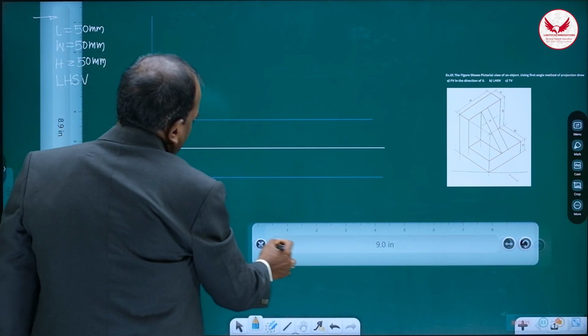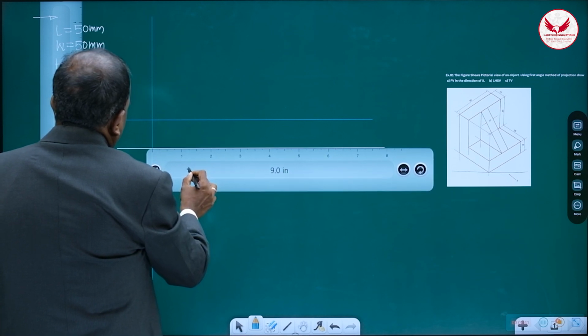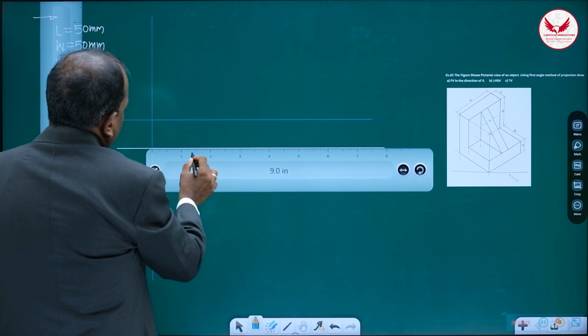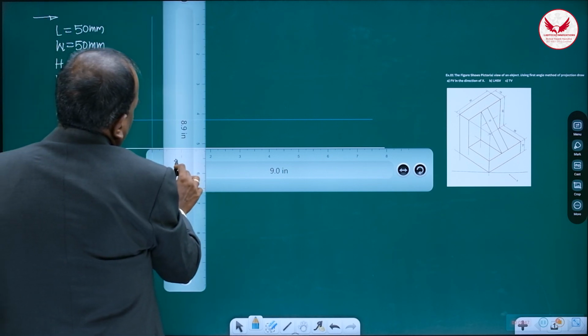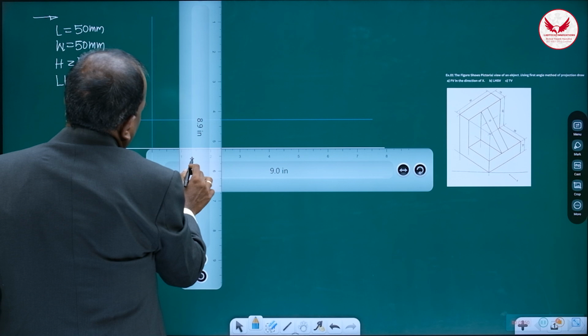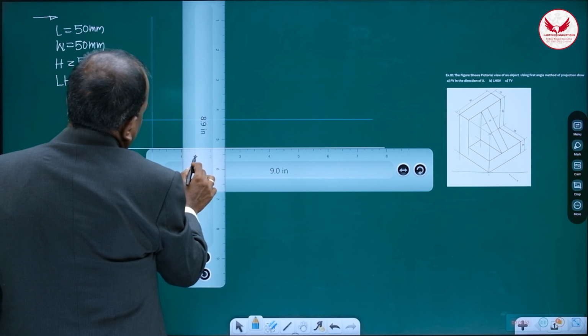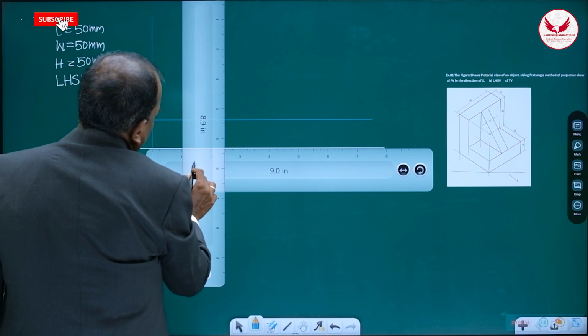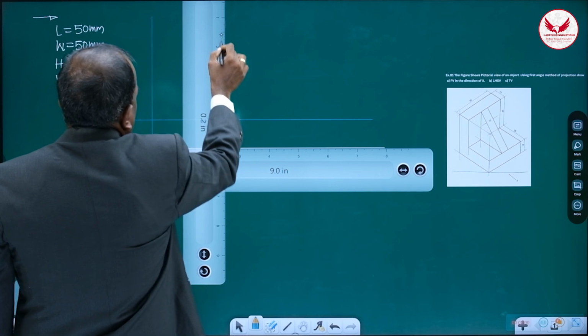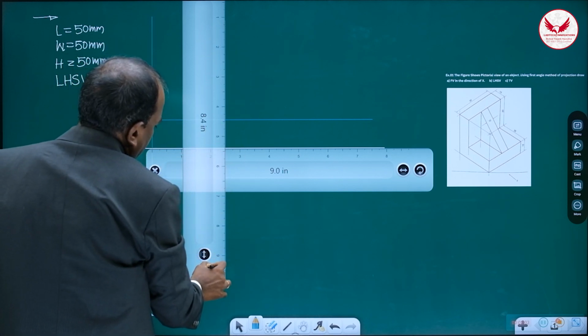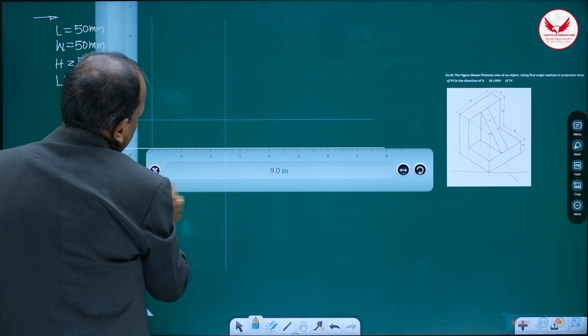Then after that, the length is also 50. From this, at a distance of 50 mm, draw one more light line, like this.